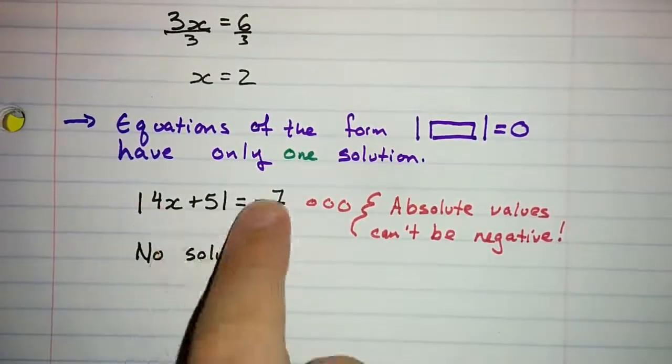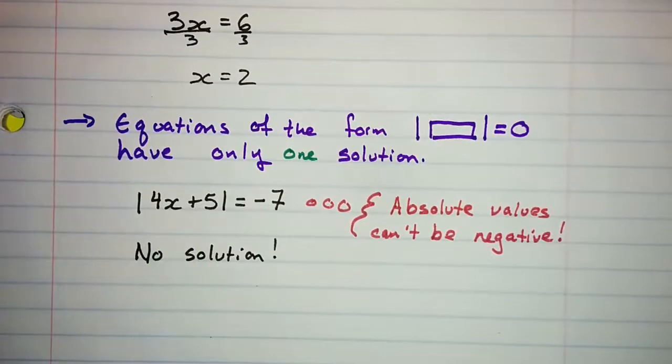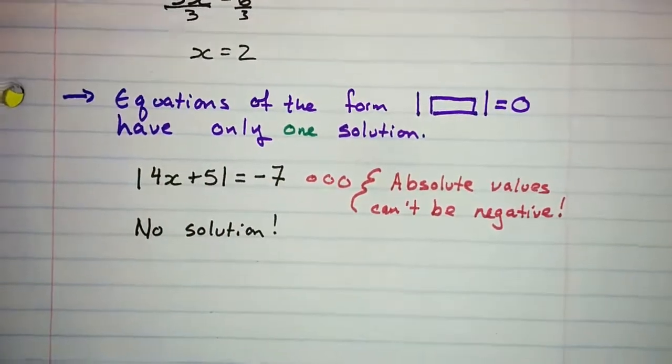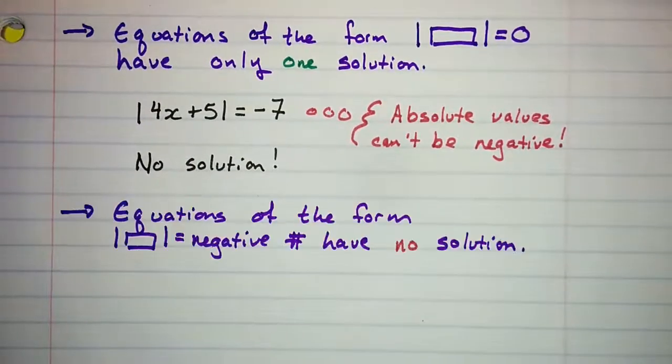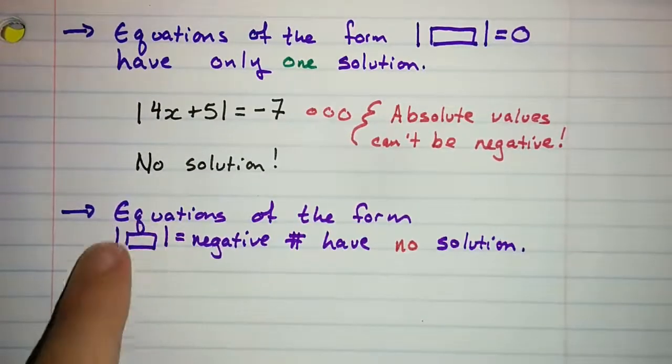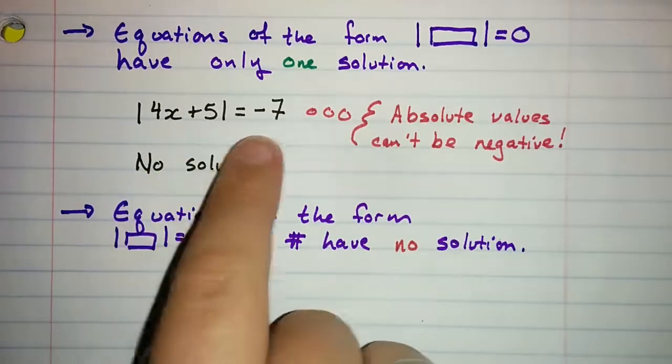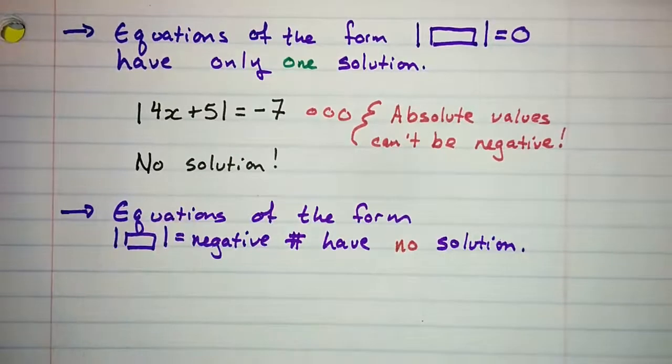If I give you an equation that looks like this, without doing any work, you can immediately see that it has no solution. Equations of the form absolute value of some expression equals a negative number have no solution. Why? Because nothing has a negative absolute value.